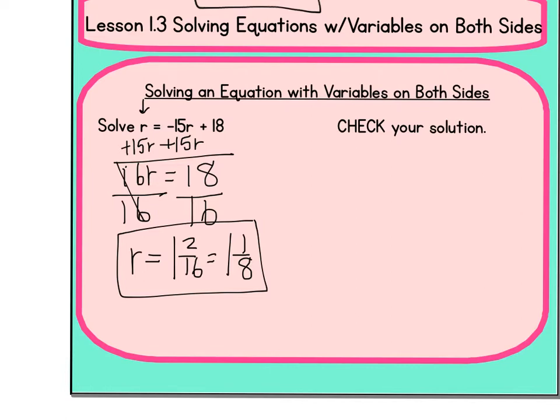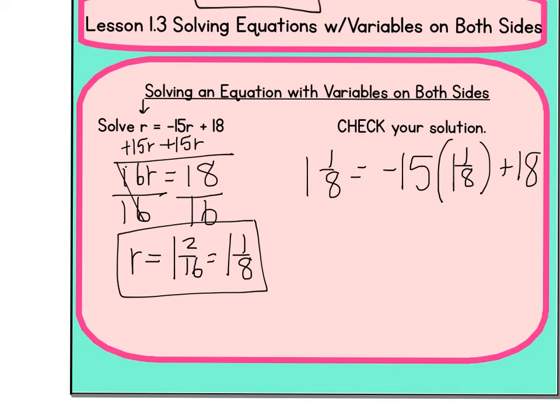If we wanted to go back and check our work, it would mean 1 1/8 would have to equal negative 15 times 1 1/8 plus 18. So we get 1 1/8 equals negative 15 times 9/8 plus 18.